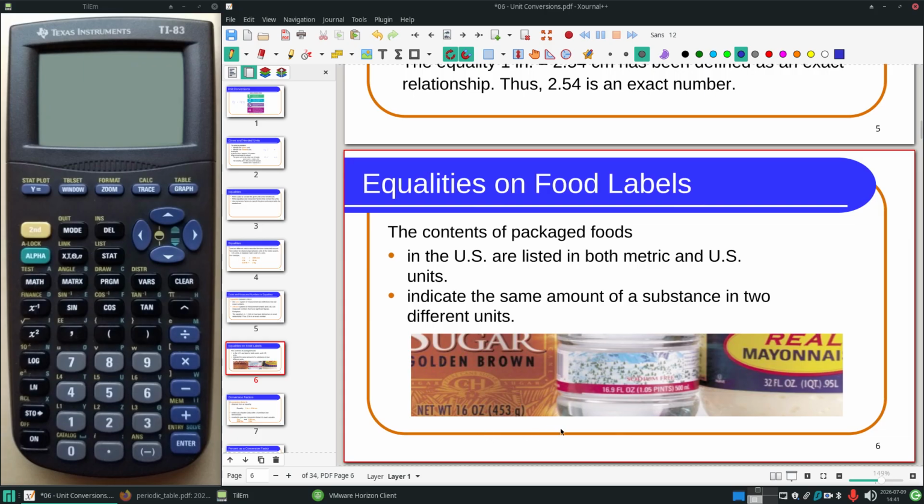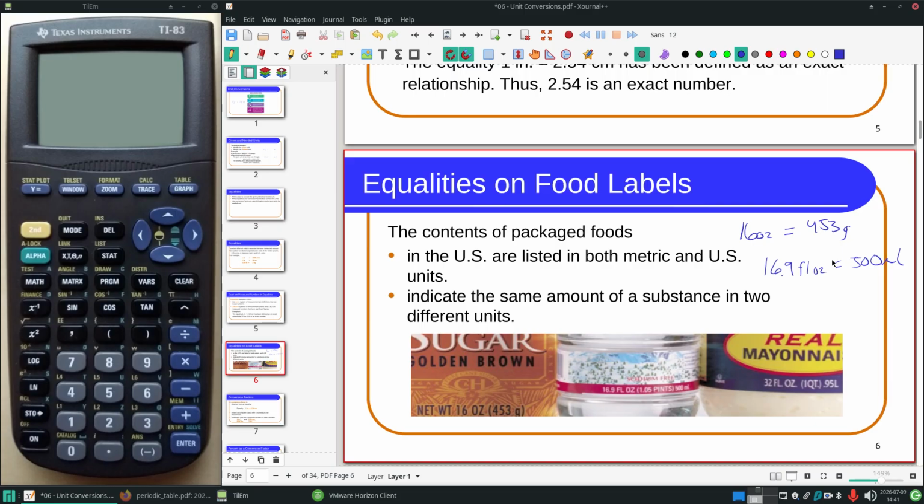You could use these as conversions. So this is saying that 16 ounces is equal to 453 grams. This one here is telling you 16.9 fluid ounces is equal to 500 milliliters.